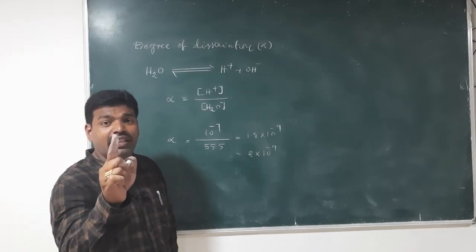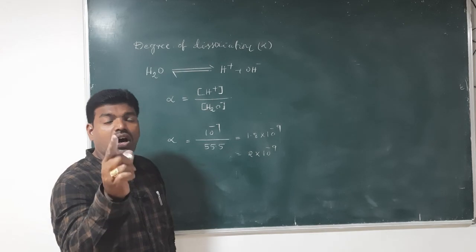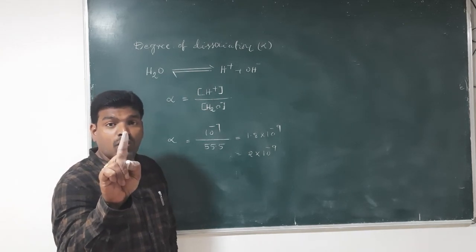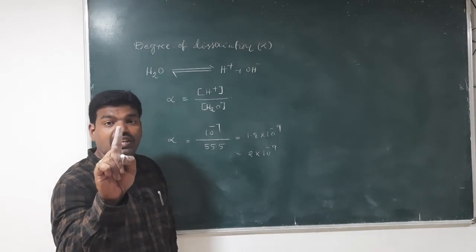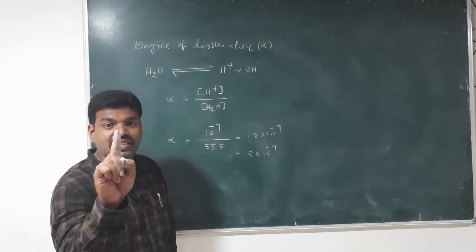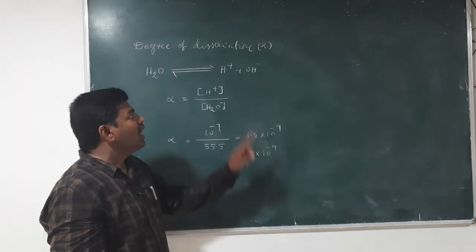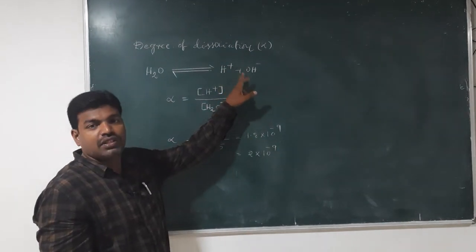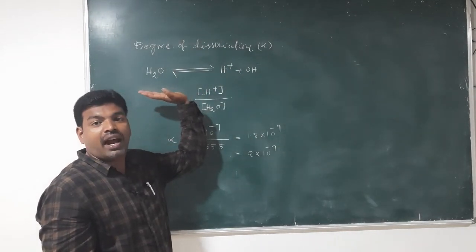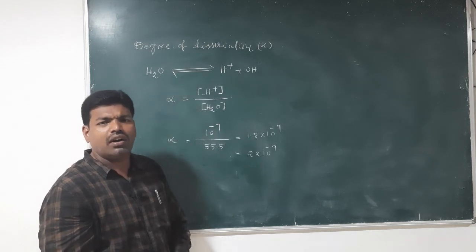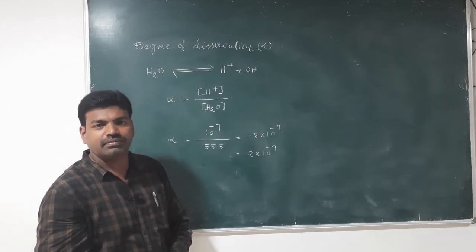Whenever water or acid or base undergoes partial dissociation or partial ionization, there exists an equilibrium between dissociated species and undissociated water or acid or base.